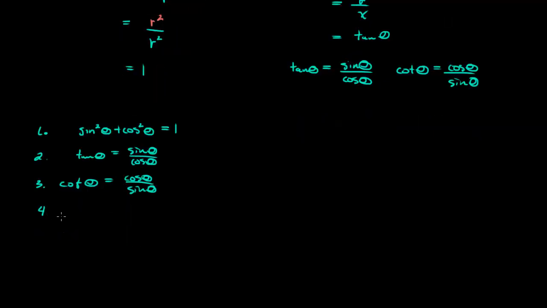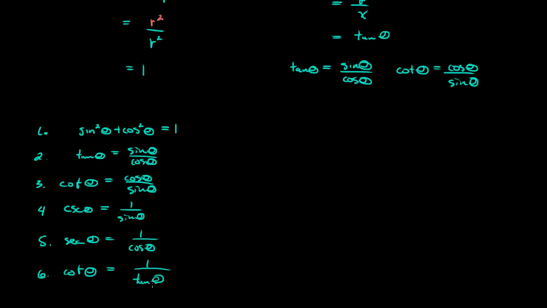We also have our reciprocal identities, which are review: the cosecant of theta is 1 over sine theta, the secant of theta is 1 over cos theta, and the cotan of theta is equal to 1 over tan theta. And we're going to look at how to apply these identities in the next lesson.